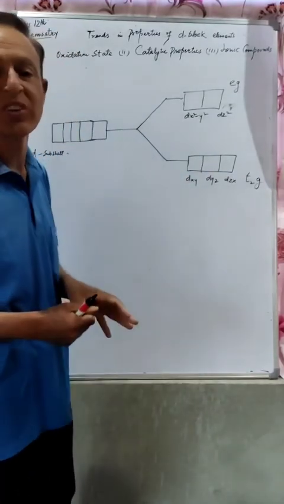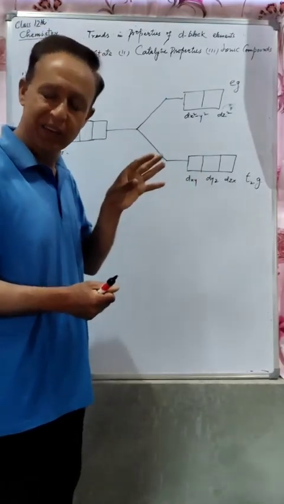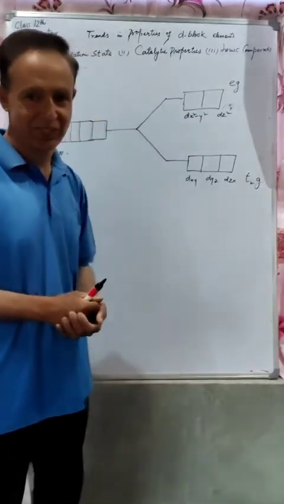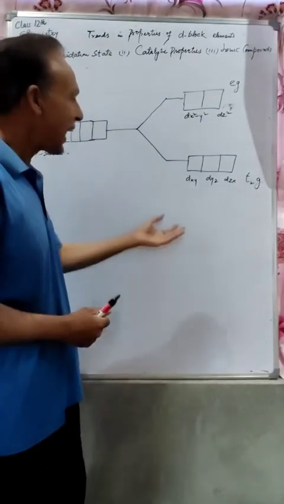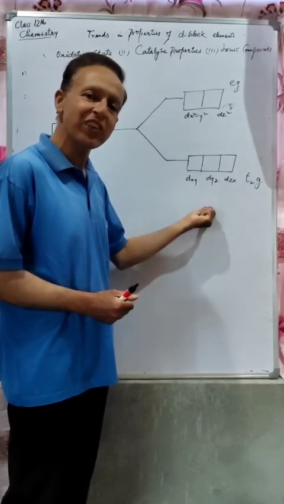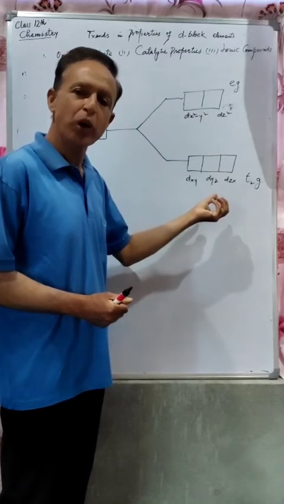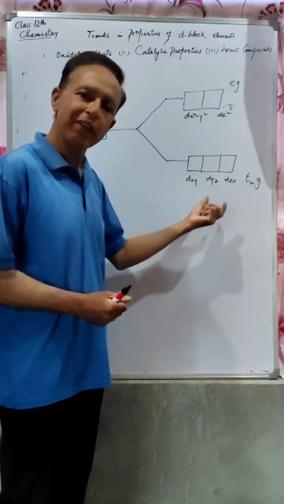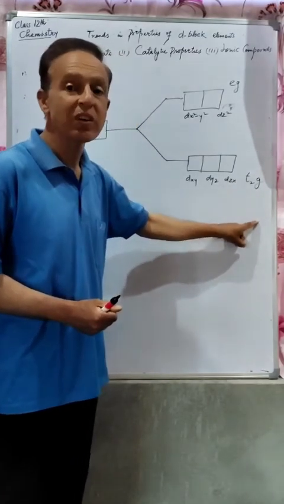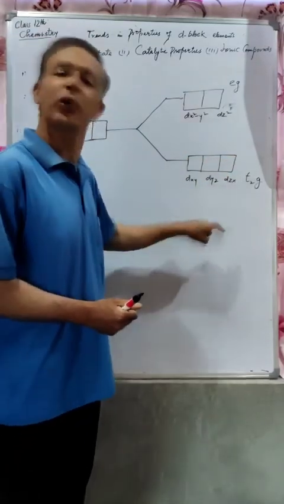They emit the radiation which corresponds to the color of the rest of the radiation present in white light. That is, if they absorb the radiation of wavelength corresponding to red light, they emit the rest of the radiations which are complementary to red light.